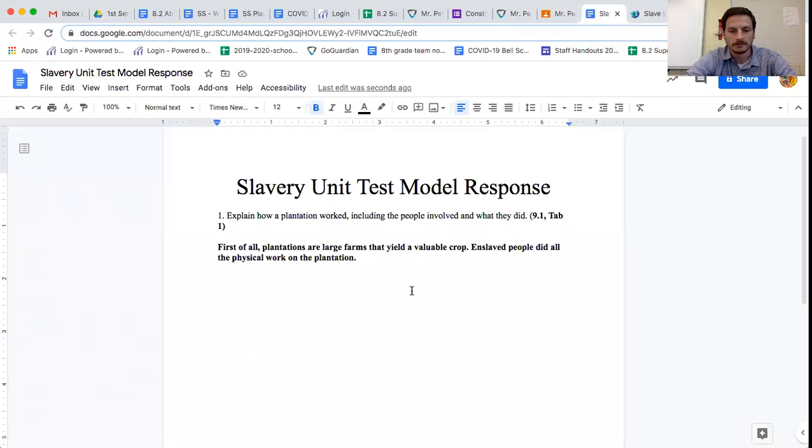Some examples of this work are, instead of clearing the land, I will say preparing the soil, planting the seeds, and it said weeding. Well, I'll say removing any weeds. Cool.